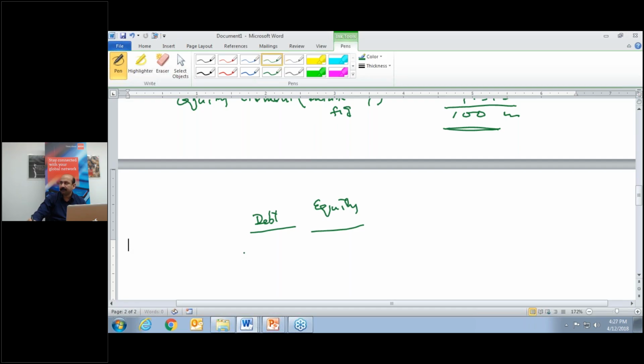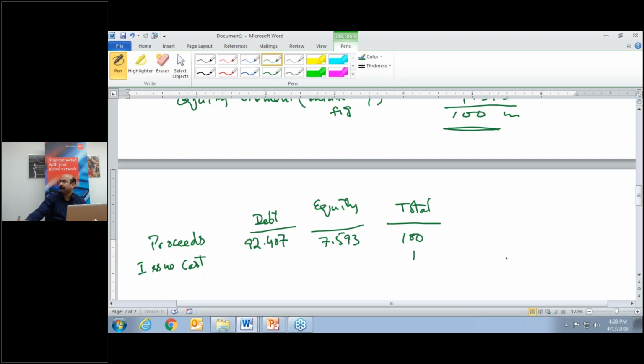The debt element is 92.407 million, and the equity element is 7.593 million, so this will give us a total of 100 million. So these were the proceeds before the issue cost, and the issue cost is basically 1 million. We shall be allocating this 1 million on a pro rata basis.